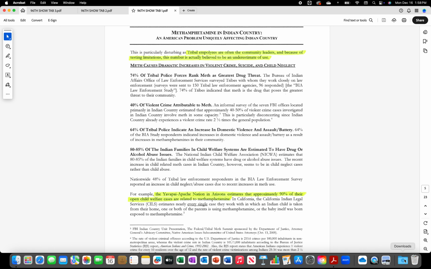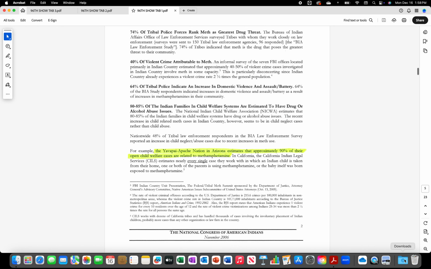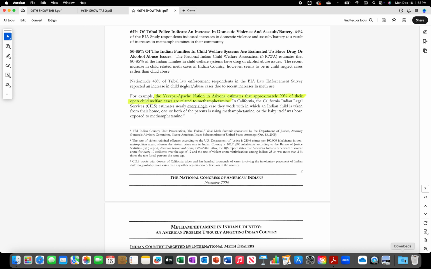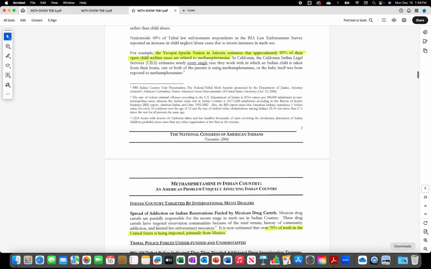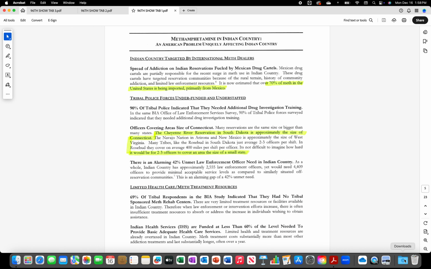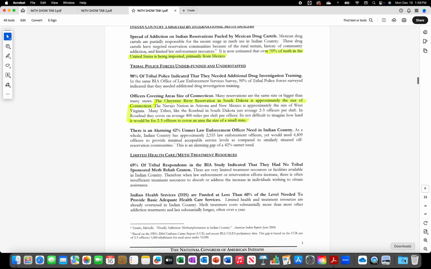Tribal employees are often the community leaders. And because of testing limitations, this number is actually believed to be an underestimate of use. The Yavapai Apache Nation in Arizona estimates that approximately 90% of their open child welfare cases are related to methamphetamine. 70% of meth in the United States is being imported primarily from Mexico.